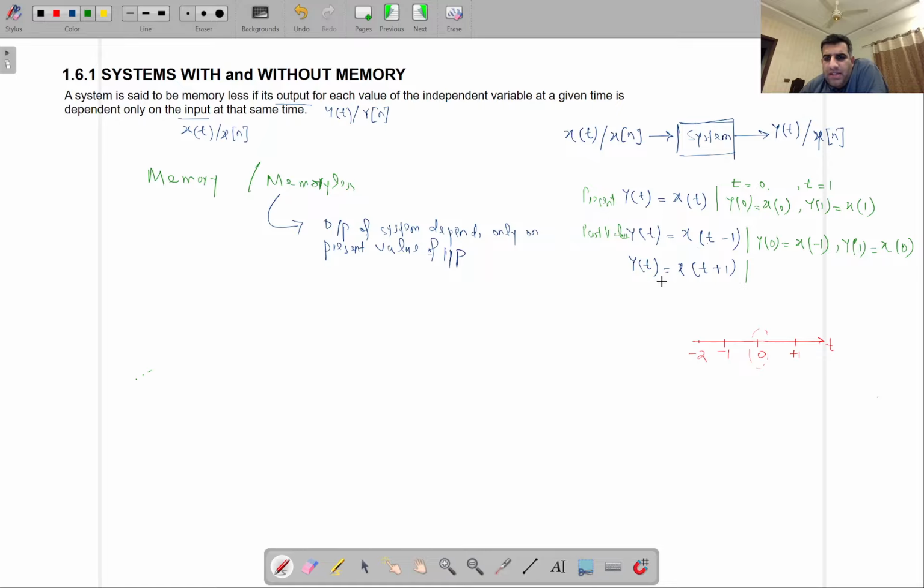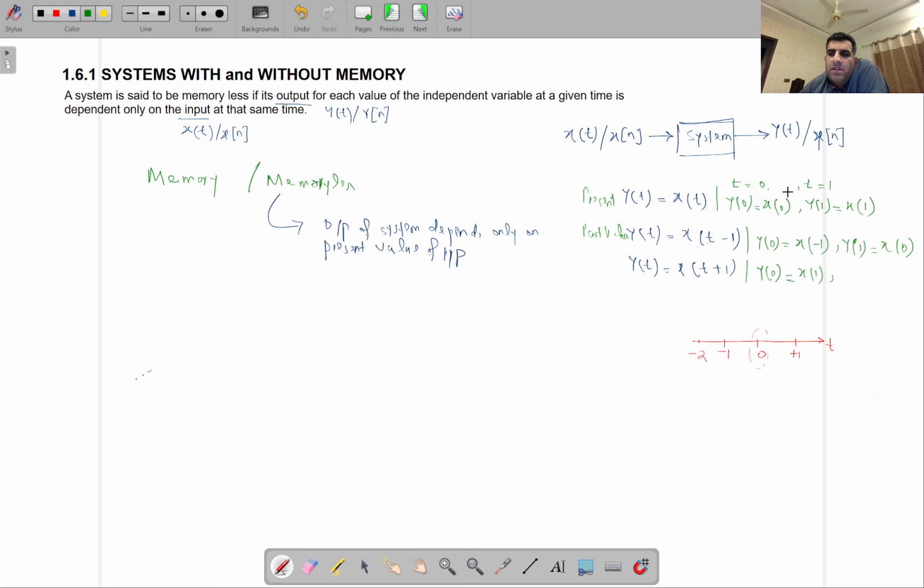And then here is another system, and if we again substitute t is equal to 0 over here, so what we are going to get is y of 0, and now we are going to get x of 1. So now in order to compute the y0, I need a future value of the input. That is 1 now. So in terms of the reference 0, 1 is now a future value.